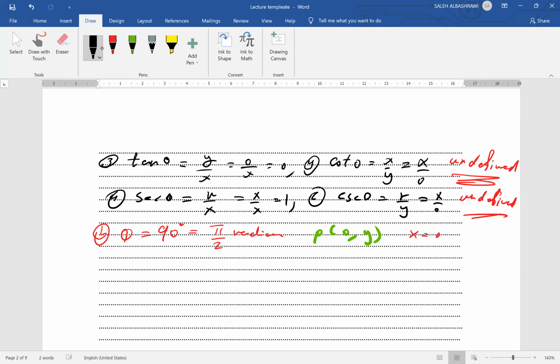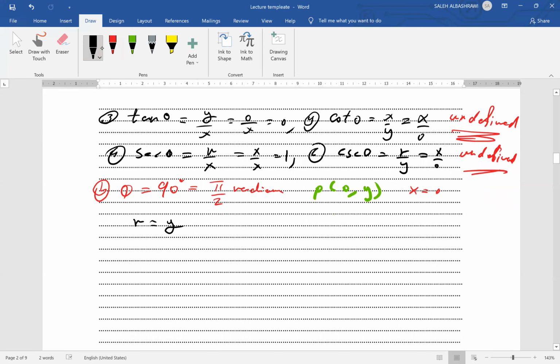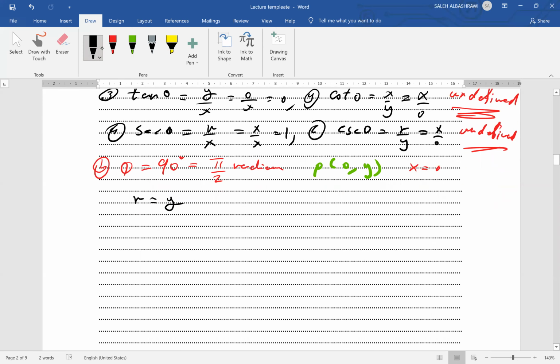And by the same technique, I will have r equal to y. Now, number one, sine of 90 is equal to y over r.